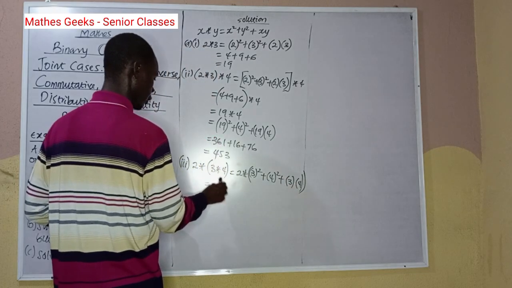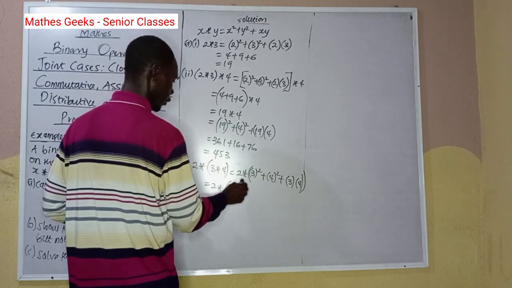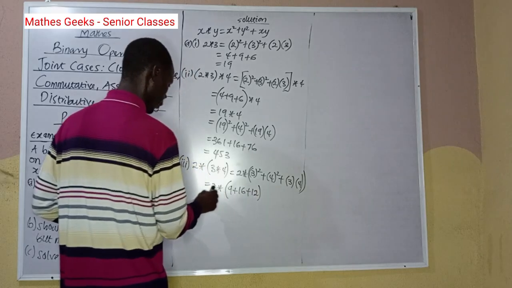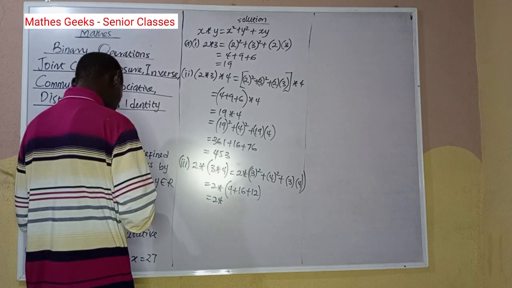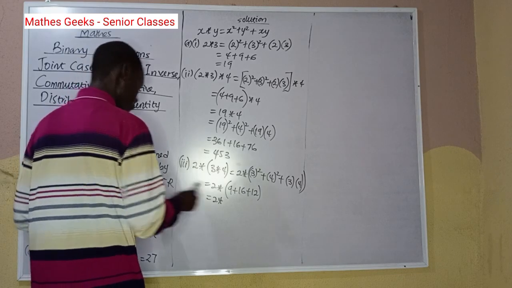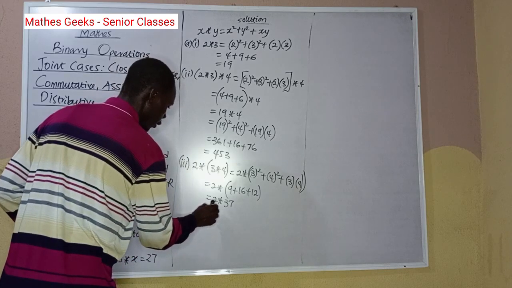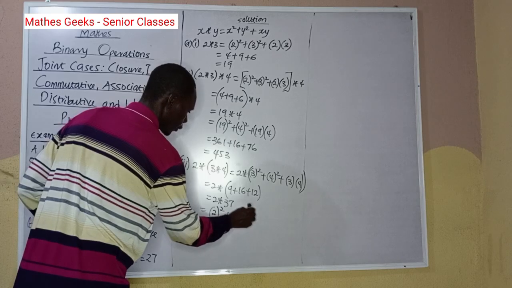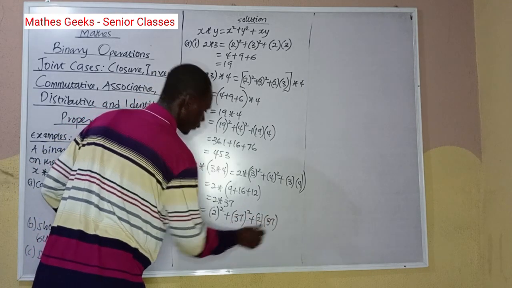And this gives us 2 star (9 plus 16 plus 12), that's 2 star 37. This will be 2 squared plus 37 squared plus 2 times 37.